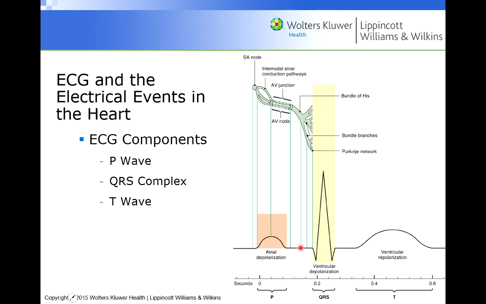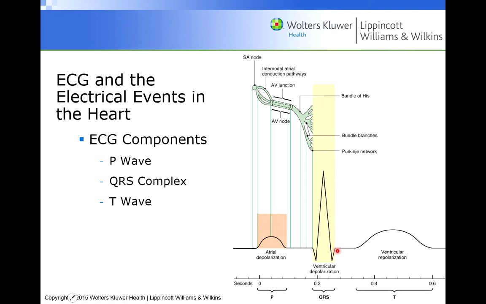Now that all the blood is in the ventricles, the electrical activity resumes as the electrical impulse continues down the bundle branches and Purkinje fibers, which facilitates contraction of the ventricle. We can also refer to that as ventricular depolarization. You'll notice that atrial depolarization is a lot smaller than ventricular depolarization. That's because the muscle in the ventricles is a lot larger.